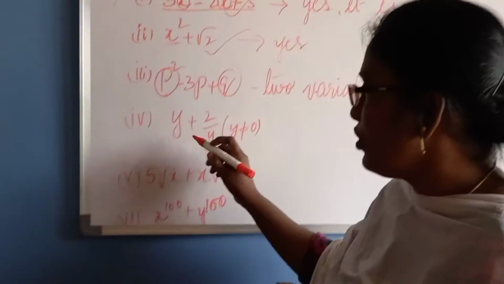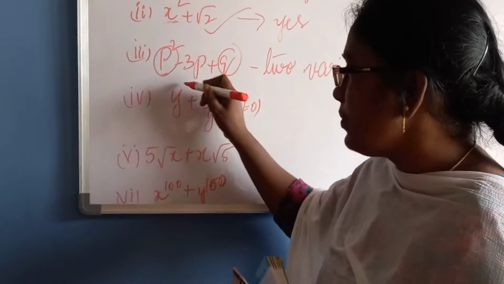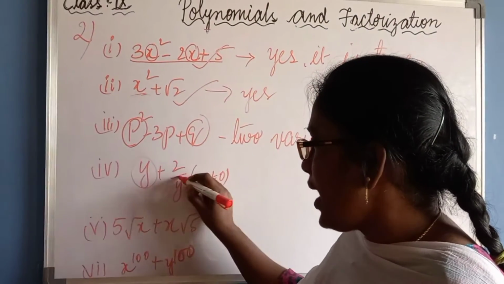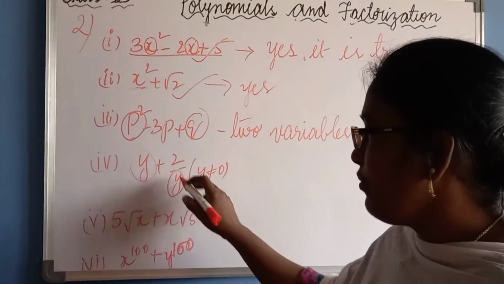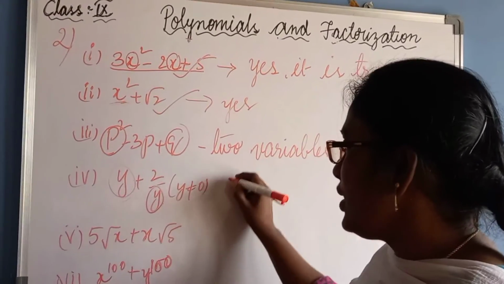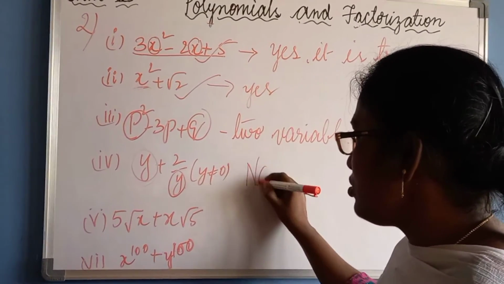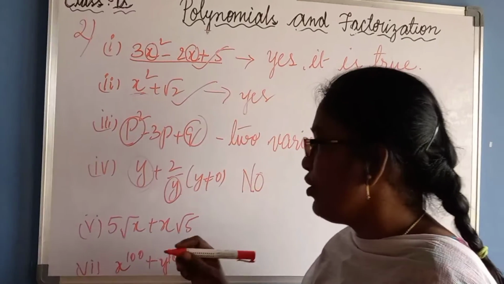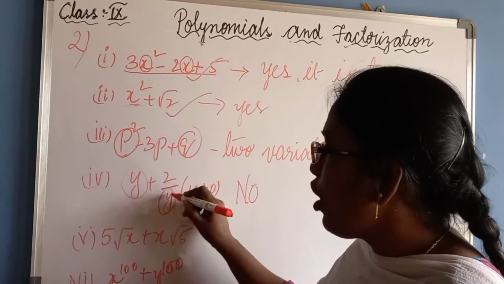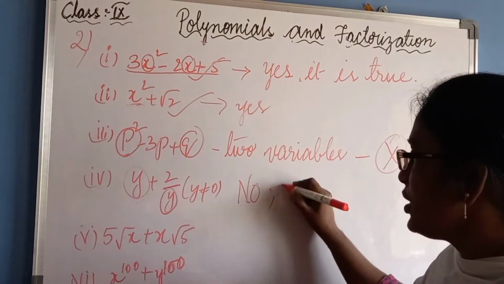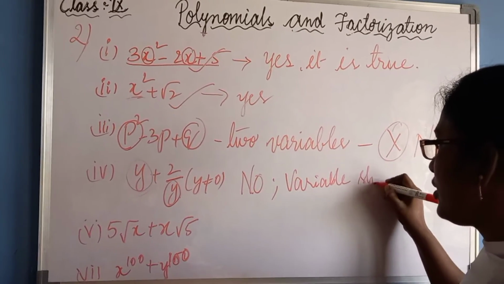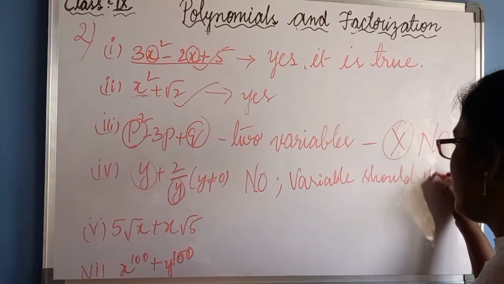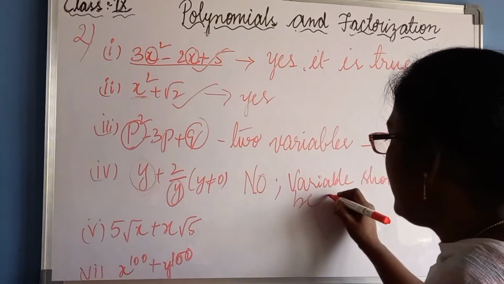Now coming to the fourth one. You may ask me that this and this are a single variable, only one variable, but why will it not satisfy? I can tell you that this is not satisfying because the variable should not be in the denominator.